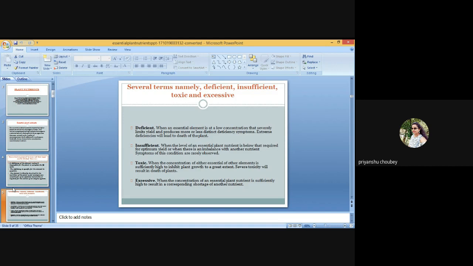Plant roots absorb the nutrient from the soil solution only in dissolved ion forms, as the concentration of the nutrient drops in the soil solution.